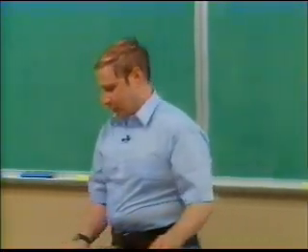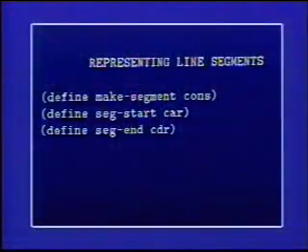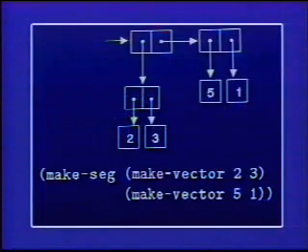So again, we can represent line segments. We can make a constructor that makes a segment using cons, selects out the start of a segment, selects out the endpoint of a segment. And then if we actually look at that, if we peel away the abstraction layers and say, what's that really as a pair of pairs, we'd say, well, that's a pair.